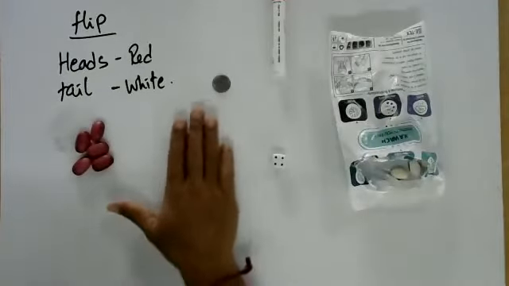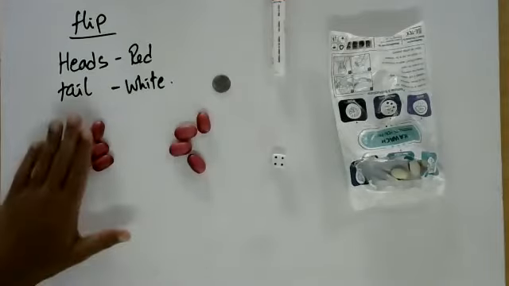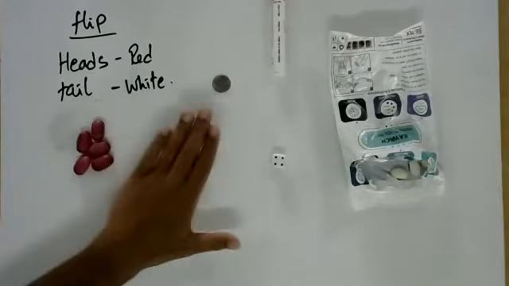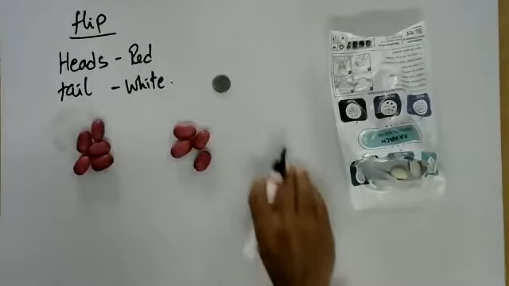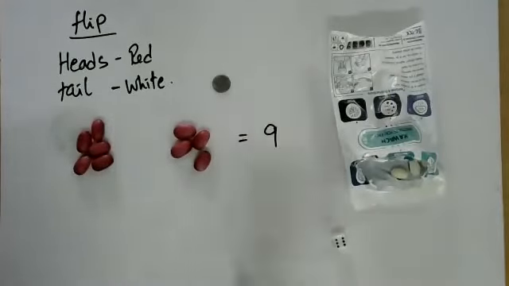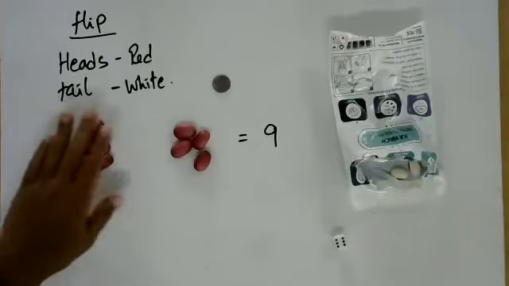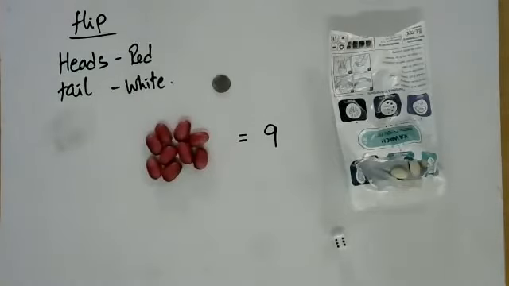What we have here is 5 reds and 4 reds. So how many are they together? 9. So what you have to do is write that there are totally 9 reds from the 2 throws. But this is just an example.